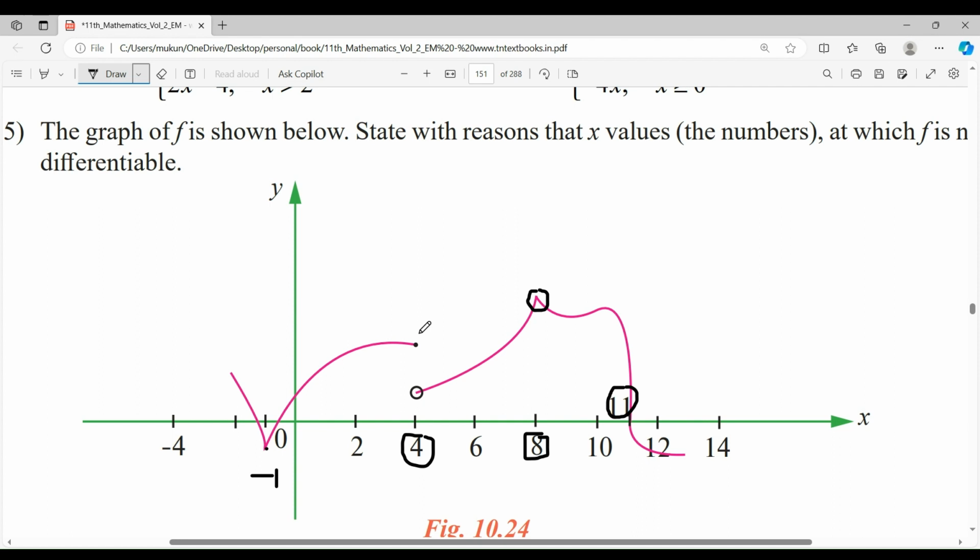And let's examine it one by one. So let's start with -1, right? As the curve moves through -1, you see that there is a very sharp turn.